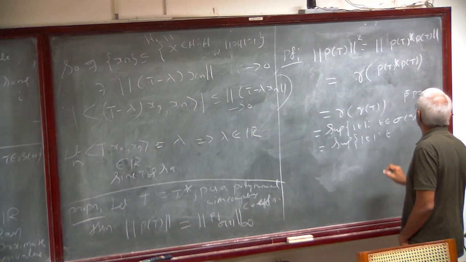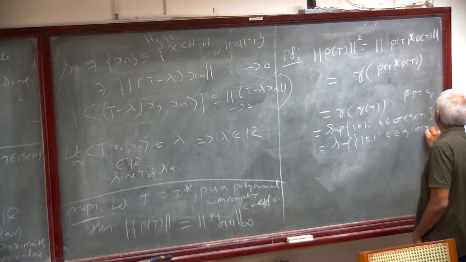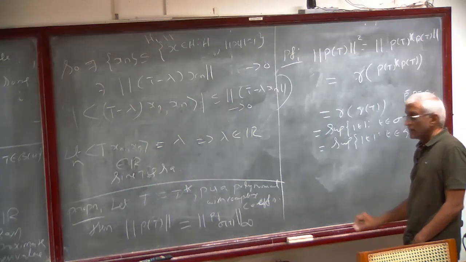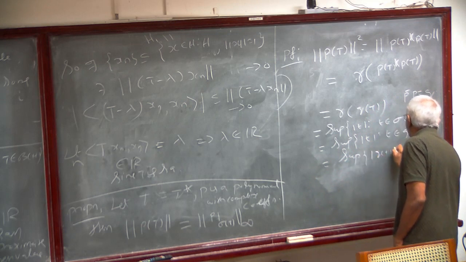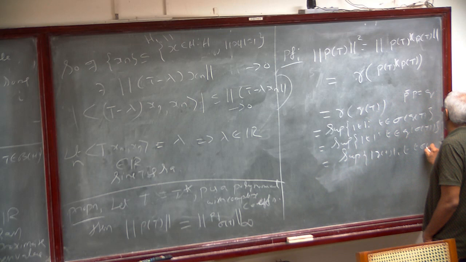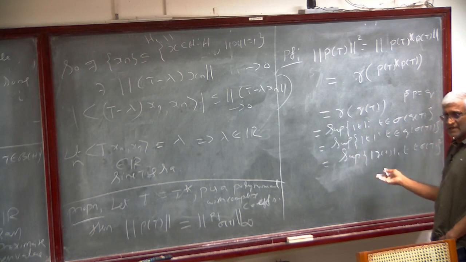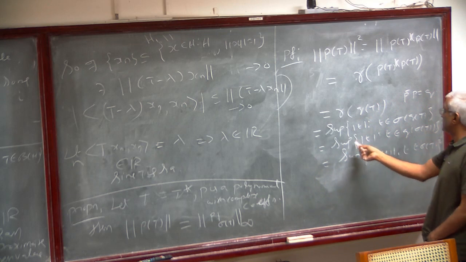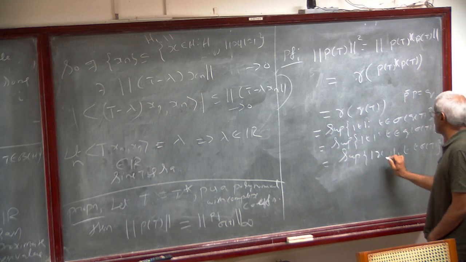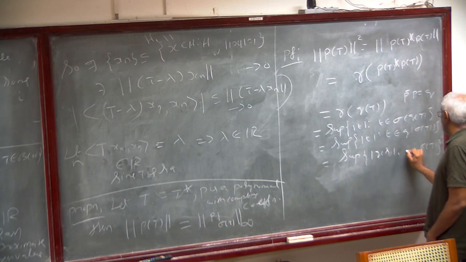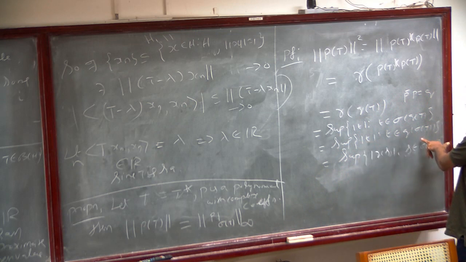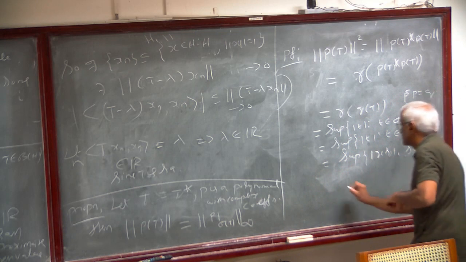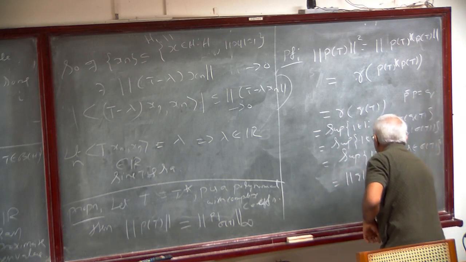By the spectral mapping theorem, the spectrum of Q of T is the same as Q of sigma T. Now this is equal to the supremum of mod of Q of s, where s is in sigma T. So this is nothing but the norm of Q infinity.